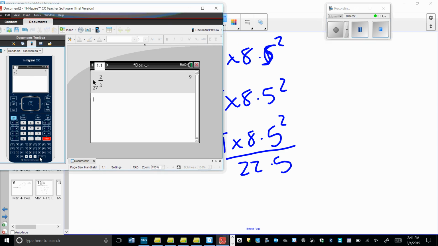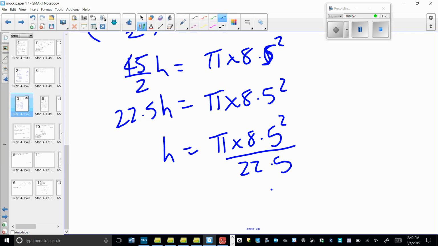So pi, I can't see. So it's pi multiplied by 8.5 squared divided by 22.5 is 10.088.